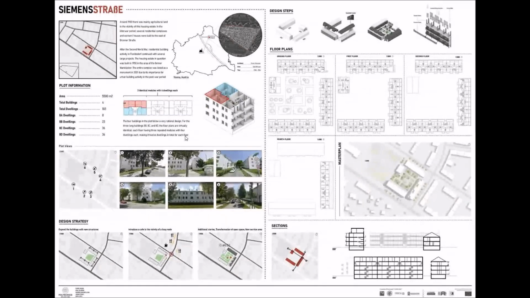Okay, so we started with the location analysis of our plot, which is located on the south end of the entrance of the so-called main street. In total, we have 4 buildings, of which 3 are long and 1 is a shorter one. The total dwellings is 103.